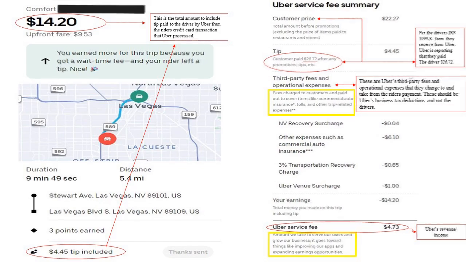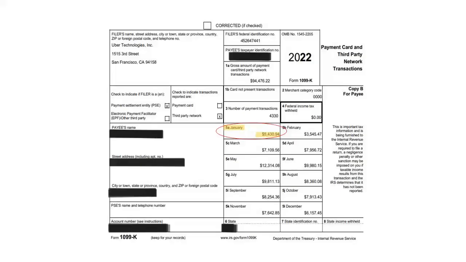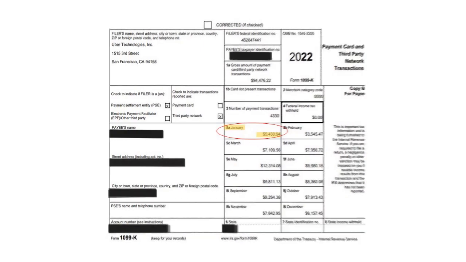Now, if you take all of those transactions for an Uber driver over a period of a year and you wait to receive your IRS Form 1099-K from Uber, you will see totals such as this, for example. Let's specifically look at box 5A, but first let's define what should be in box 5A.